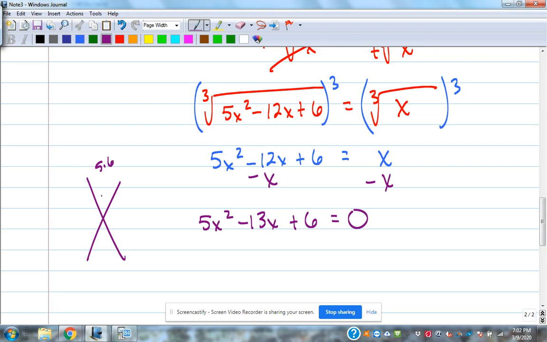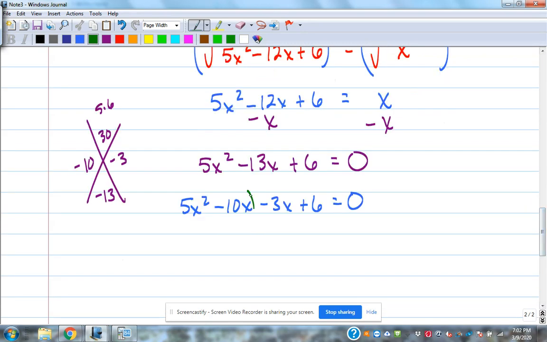5 times 6 is 30. Got to add to be -13. Be -10 and -3. I can't use the shortcut on this one because it's got the 5 in front of x squared. So I got to write it out. 5x squared minus 10x minus 3x plus 6. And then group it.